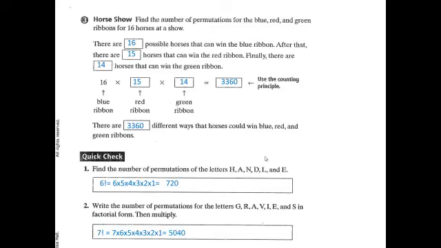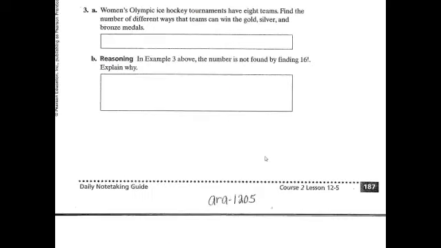Pause the video at this time if you need to copy down anything that's still on the screen. Now for example 3. Women's Olympic ice hockey tournaments have 8 teams. Find the number of different ways that teams can win the gold, silver, and bronze medals. Well, we have 8 teams that can win the gold.